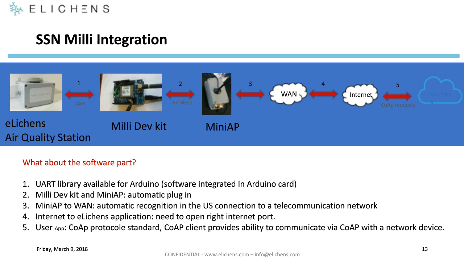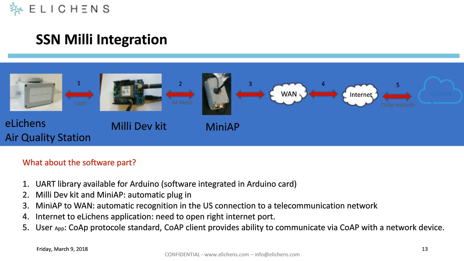Our R&D office being in Europe, the interface wasn't available in Europe for the mini AP to the WAN, so we had to do some work to get that done. And finally, the CoAP protocol was pretty straightforward messaging and conversation between our box, the cloud and our application. It was fairly easy, and we got it up and running very quickly.